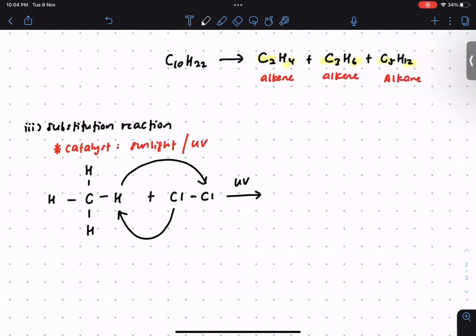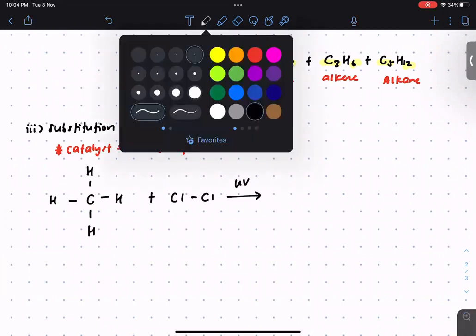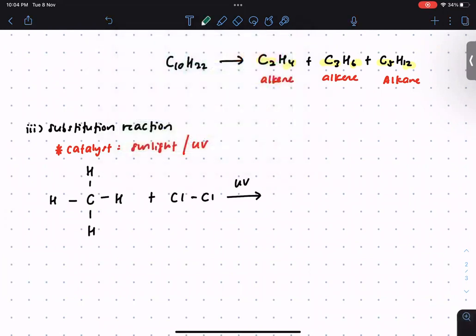So subsequently, I'm going to use a different color because it'll be very distracting for you. I'm going to use maybe green color. So one of the chlorine attacks this one. And then this one combines with this one.